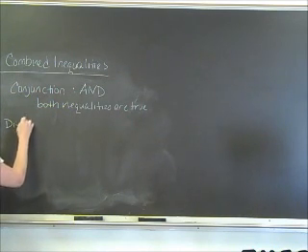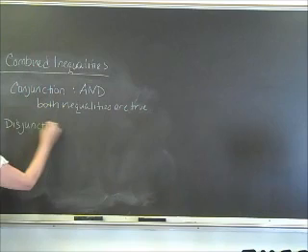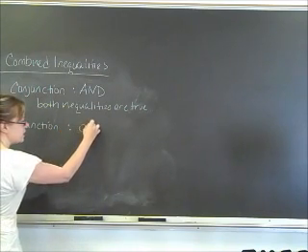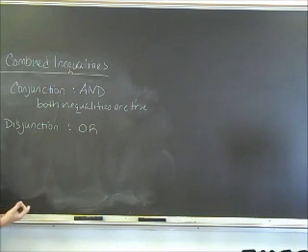The other thing we might have is called a disjunction. And the word that keys us into that is or. In a disjunction, we're looking at two inequalities and we just care about where one of them is true.